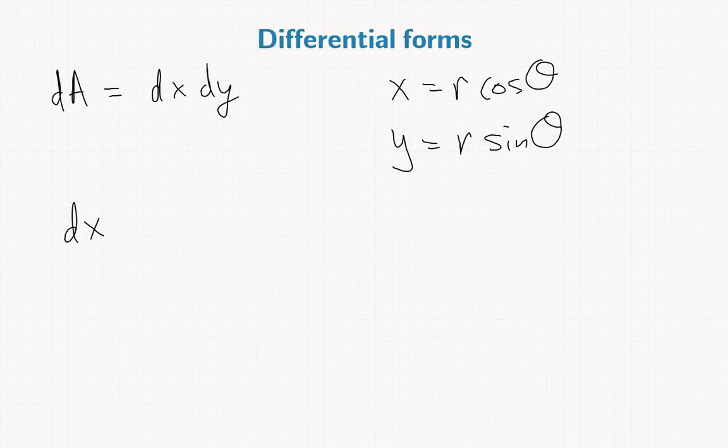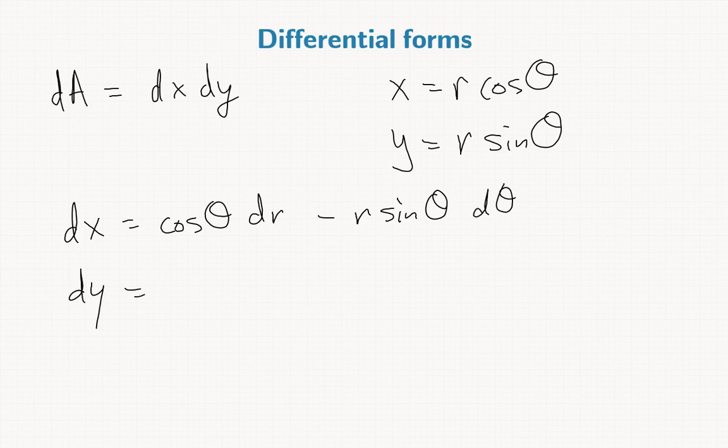So dx is going to be cos theta dr minus r sin theta d theta, and dy is sin theta dr plus r cos theta d theta.